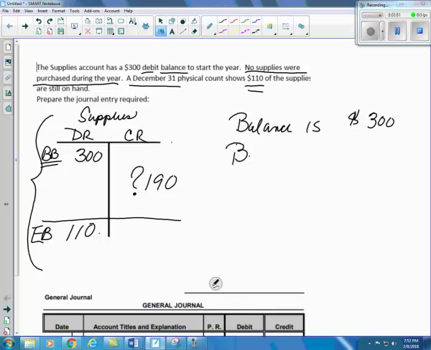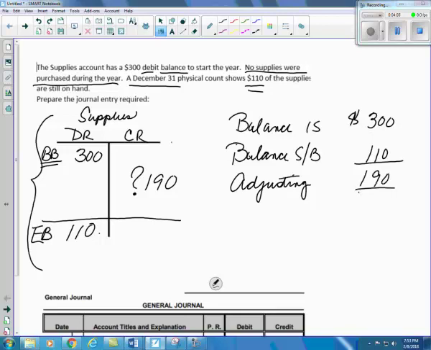Our balance should be, I'm going to use SB for should be, 110, and so therefore we need an adjusting entry for the difference of 190. So we could do it either in the T account or with a schedule like this.